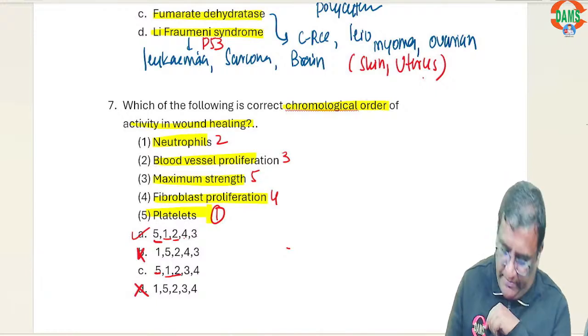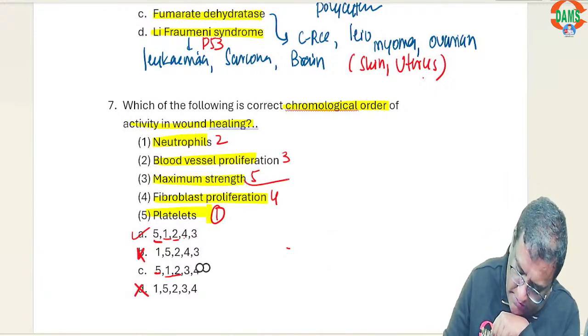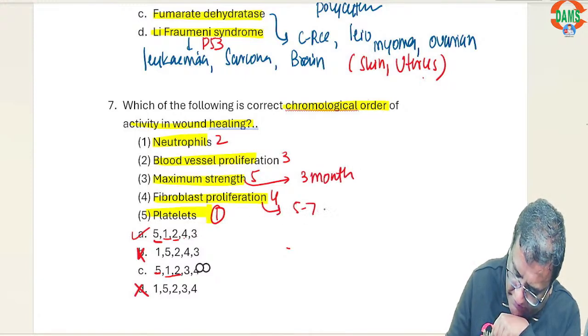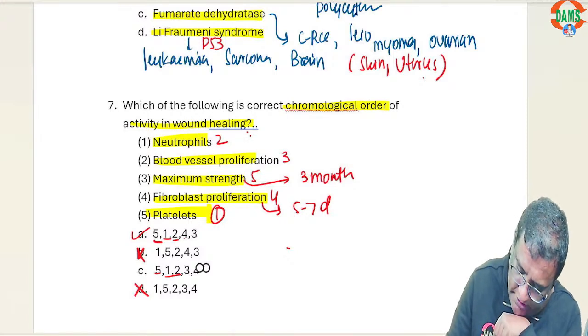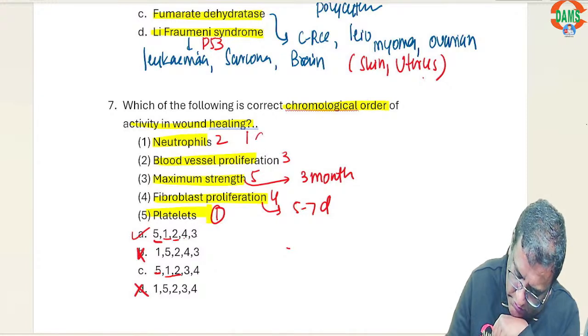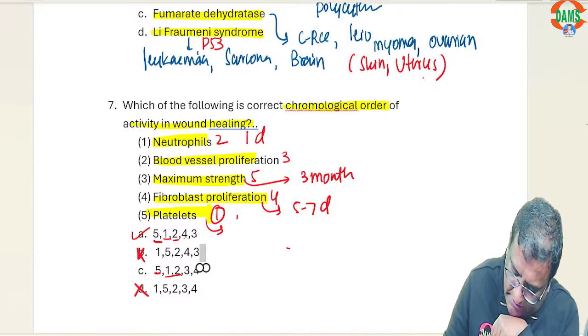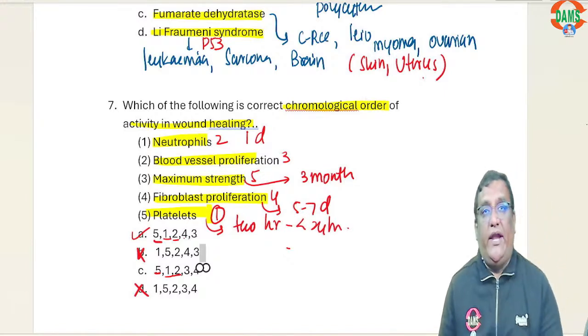When will maximum strength be reached? Maximum strength will be at 3 months. Fibroblast proliferation starts between 5 to 7 days. Neutrophils come between 1 to 3 days, or you can say 1 day. Platelets come within a few hours, less than 24 hours.